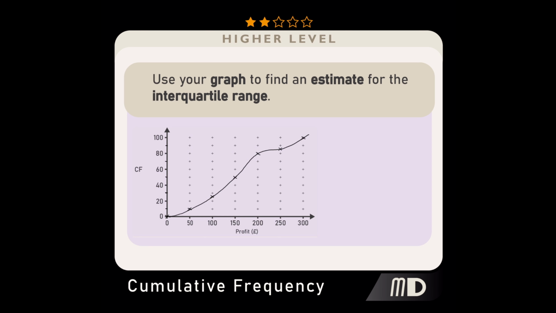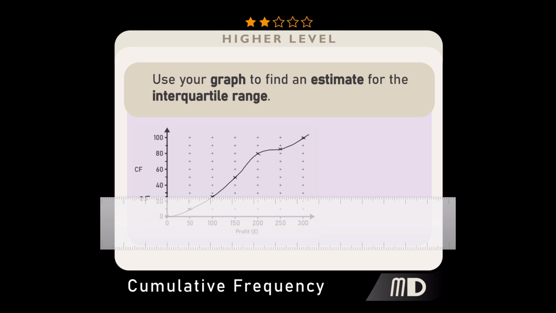The lower quartile is measured from the 25th percentile, which in this context is 25% of the total number of days, and the total number of days is 100. So we need to measure the lower quartile from the value 25 on the y-axis. So, from 25 on the y-axis, we need to draw a horizontal line to our cumulative frequency curve.